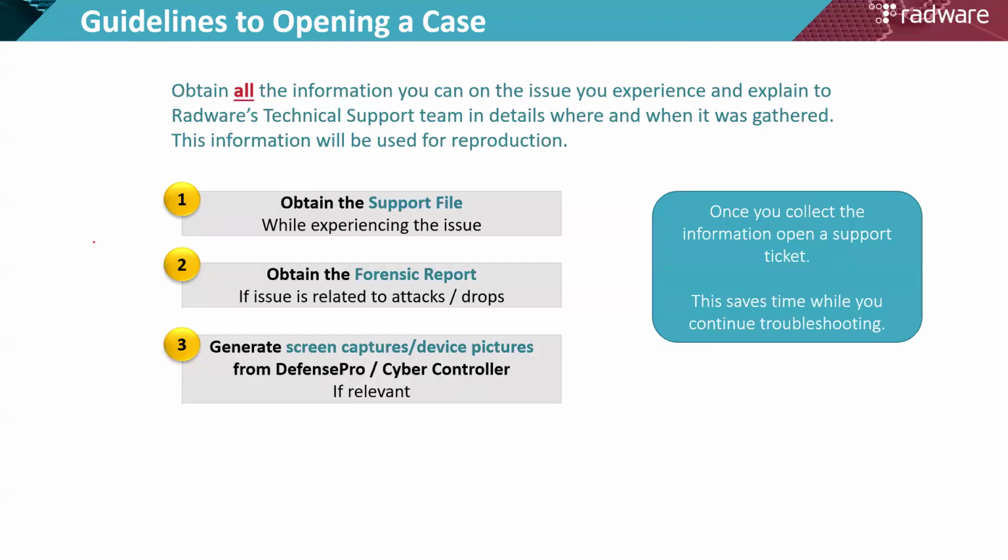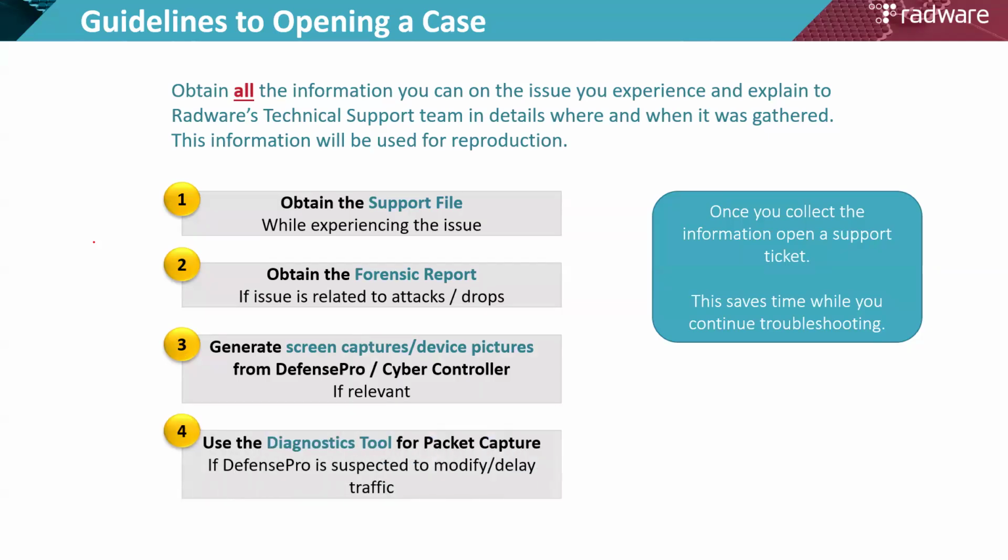It makes the life of engineers comparatively easier because they do not have to start the troubleshooting from scratch. They have some base from where they can start. So collect and provide this information as much as possible so that we can assist you in a quicker fashion. These are some of the guidelines before opening a support case.